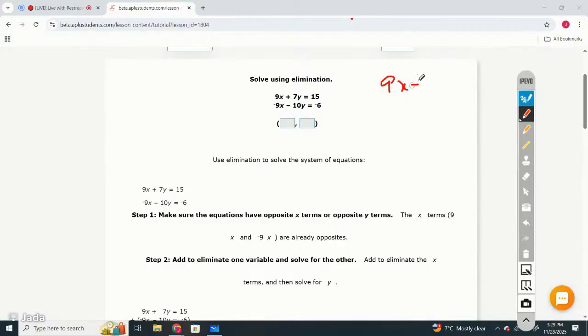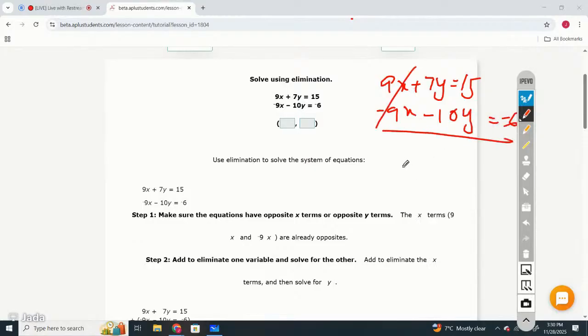So 9x plus 7y equals 15. So negative 9x minus 10y equals negative 6. So negative 3y is equal to 9.